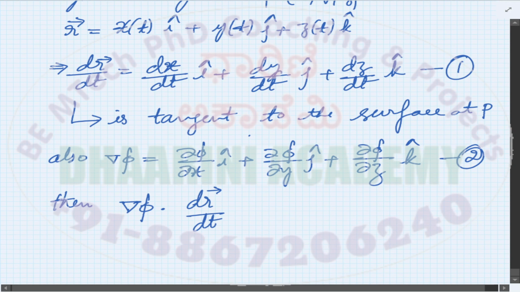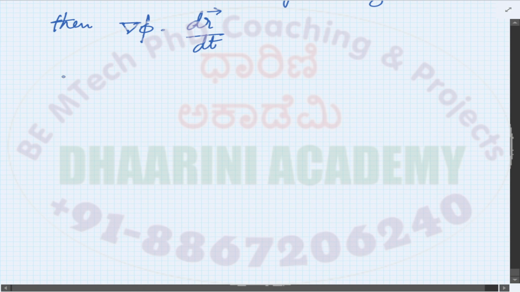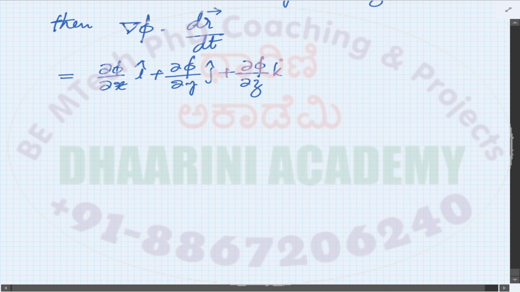Let's write del phi first: dou phi by dou x into i cap, dou phi by dou y into j cap, dou phi by dou z into k cap, dotted with the second function, dr by dt.